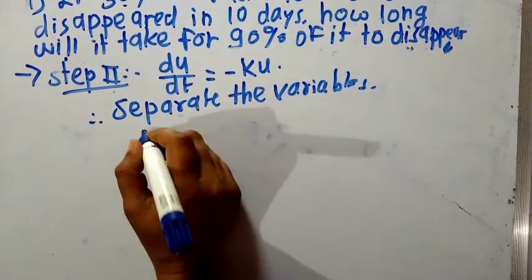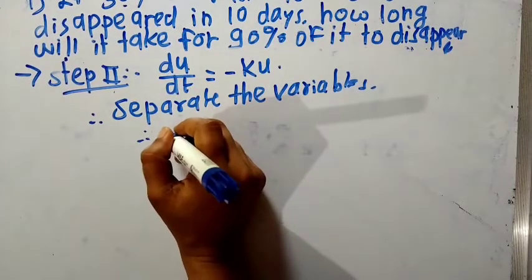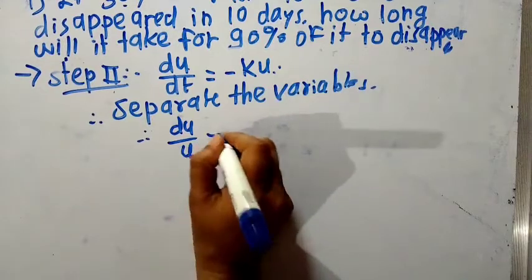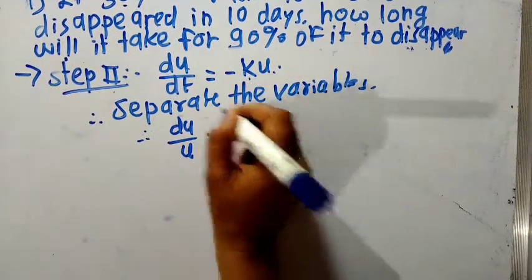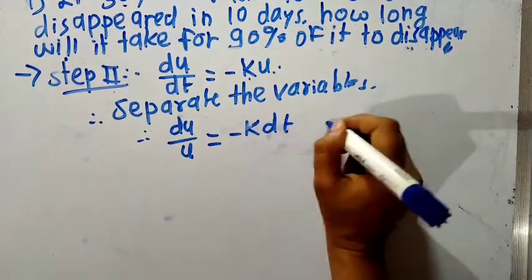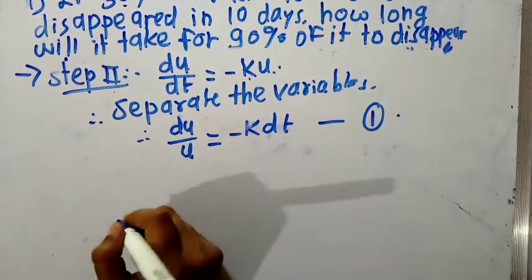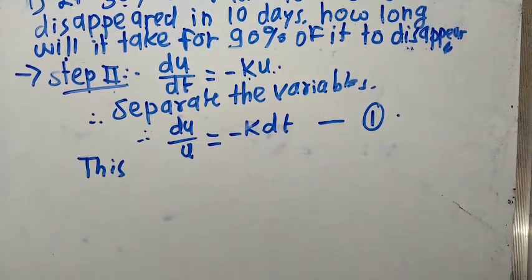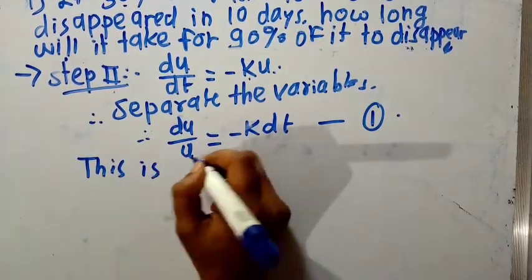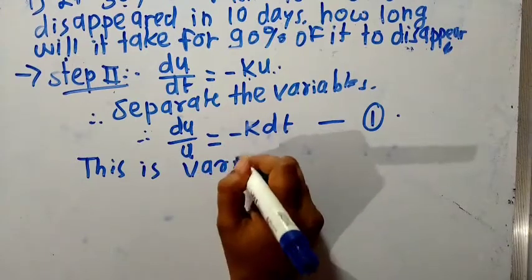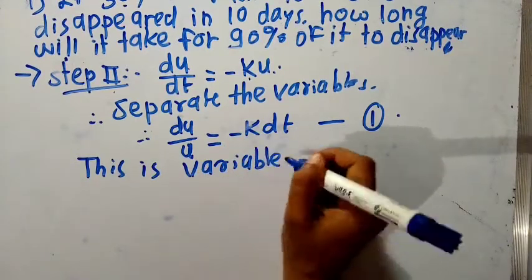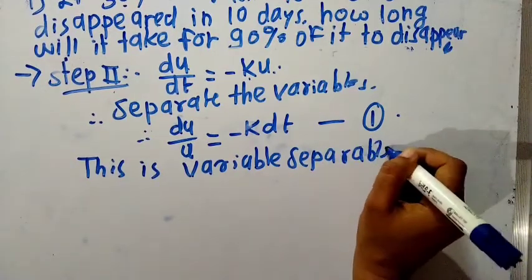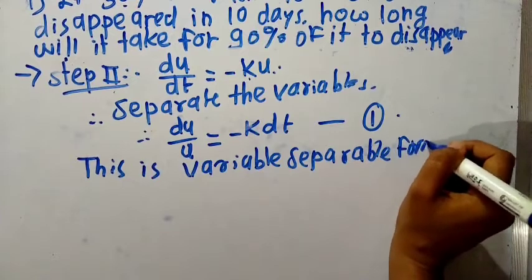If we separate, what happens: du divided by u is equal to minus k into dt. It is the first equation, and this is variable separable form.